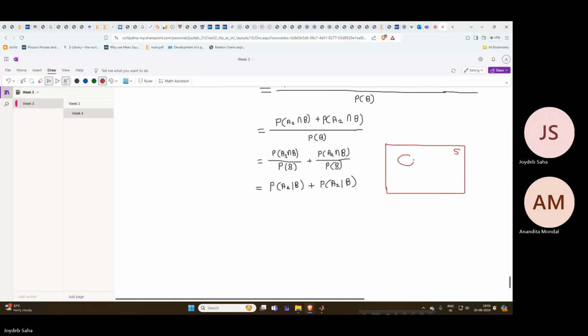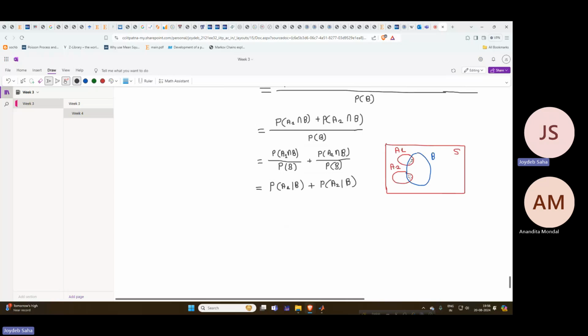That if it is A1, if it is A2, and if there is another event B. So probability of A1 intersection B means this area, A2 intersection B means this area.